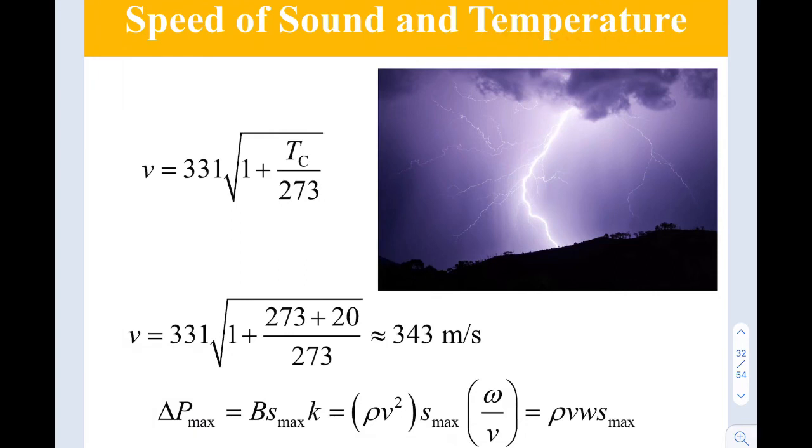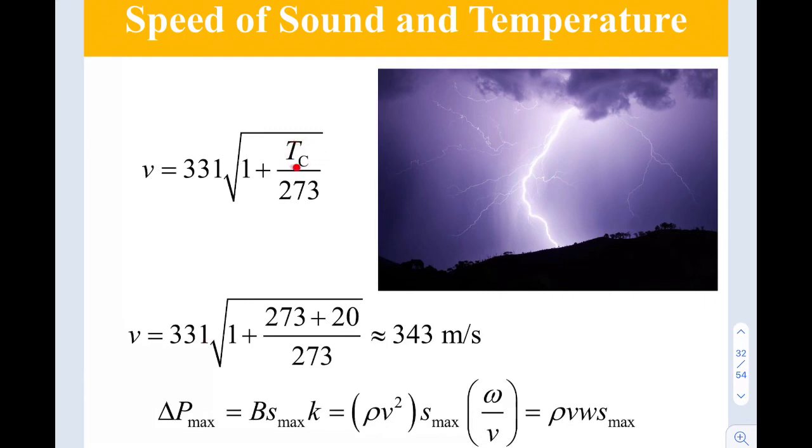So temperature is going to vary the speed within gas the most: v is equivalent to 331 square root of 1 plus T in Celsius over 273. And 331 is actually the speed of sound whenever the temperature is 0 degrees.